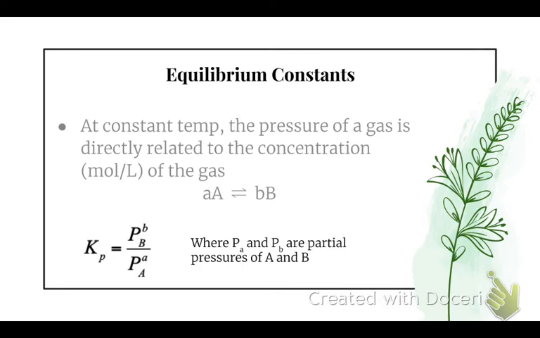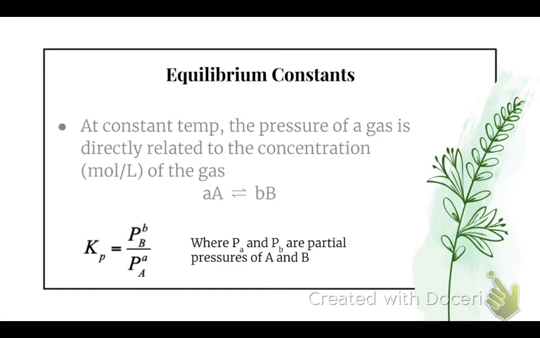And then in the denominator, I would have the partial pressure of A in atmospheres to the lowercase a power, whatever that coefficient is. So it's set up exactly the same way, but everything has to be gaseous in the reaction, and you have to be given the partial pressures. So if everything is gaseous but you're given concentrations, then you would be solving for KC, not KP.